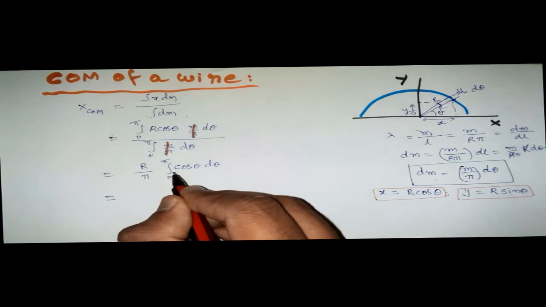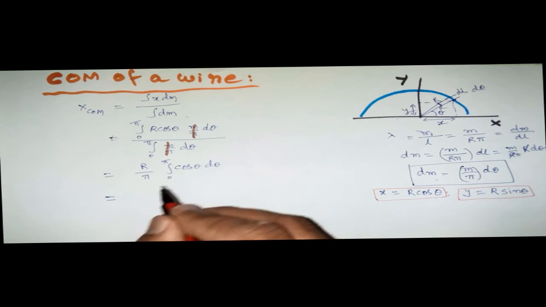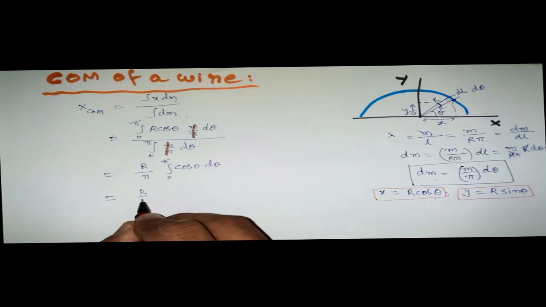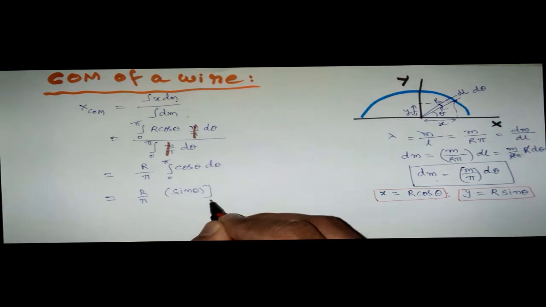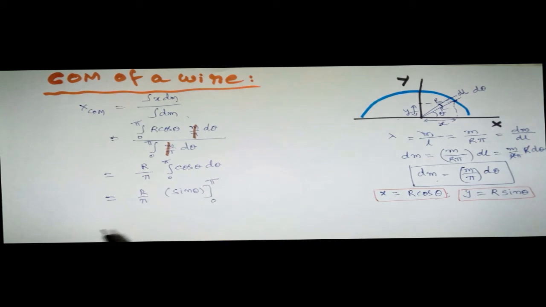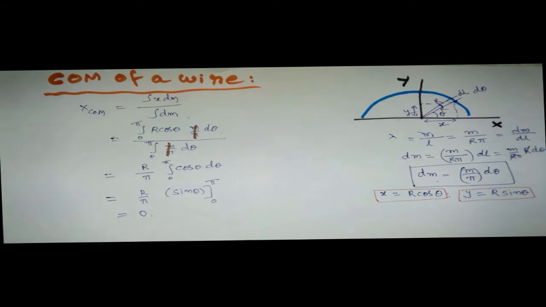Upon doing the integration, we get r by pi of sin theta running over limits 0 to pi. This value becomes 0. Therefore, the x position of center of mass is 0 in the given problem.